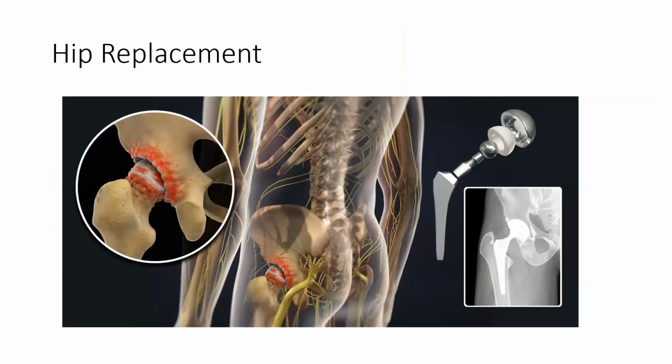Okay, now hip replacement. You have two reasons for a hip replacement. You have broken the neck of the femur, or the head of the femur is so weakened by osteoporosis that it has no strength left to it.